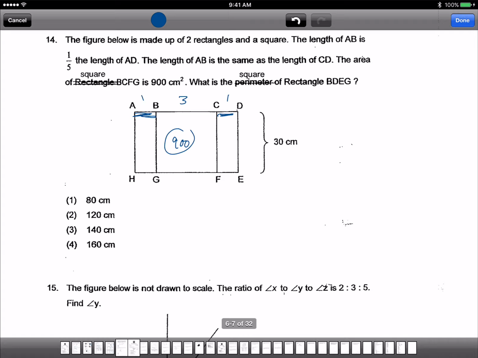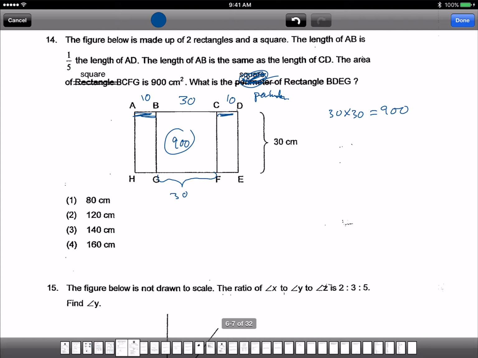Okay, since this is a square, we know that 30 times 30 equals to 900. So the length here has got to be 30. And this must be 10, this 30, this is 10. So what is the perimeter? I think they meant the perimeter. Right.